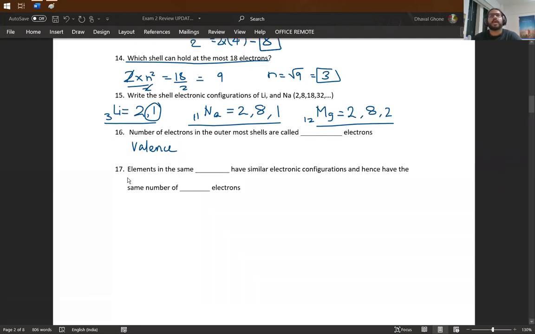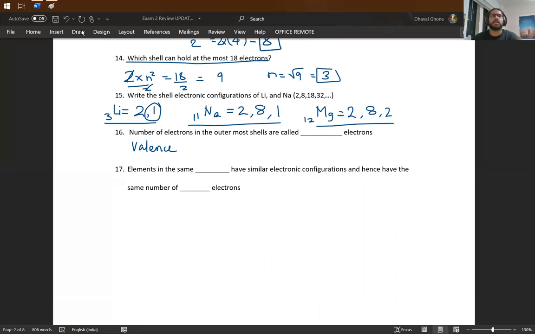Question 17. Elements in the same blank have similar electronic configurations and hence have the same number of blank electrons. And so the answer I'm looking for in the first blank is either groups or periods of the periodic table. If you remember, the elements in the same group, in the same vertical line, have similar configuration.